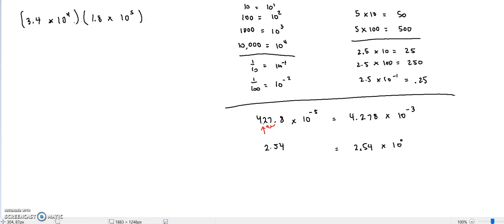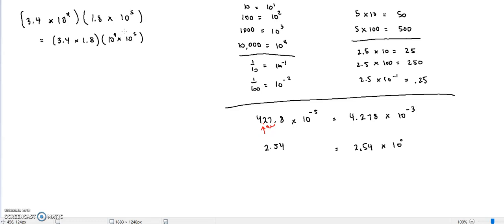Okay, this is all multiplication. So what I can do is I can rearrange. I can do 3.4 times 1.8, and I can do 10 to the 4th times 10 to the 5th. I can group these in the way that makes it easier to multiply.